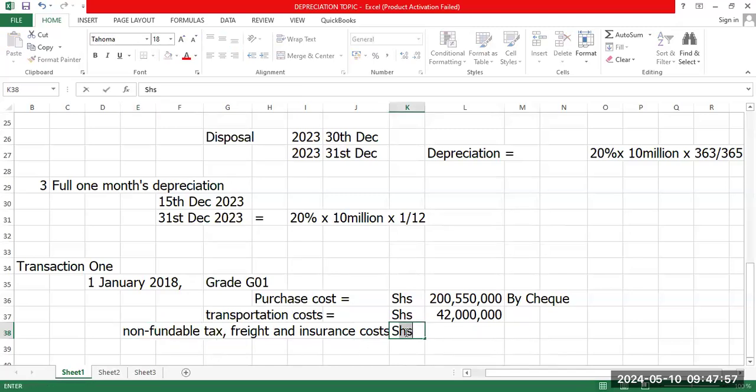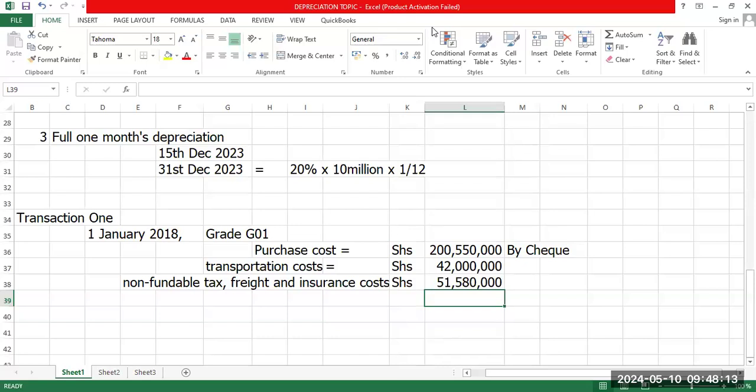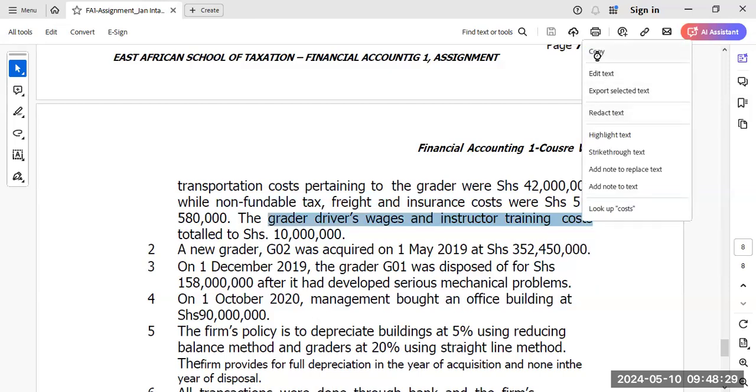It is shillings 51,580,000. That is non-refundable freight and insurance costs. Okay. Then still on transaction number 1, they are telling us the grader driver's wages and instructor training costs were this. So you have also this.